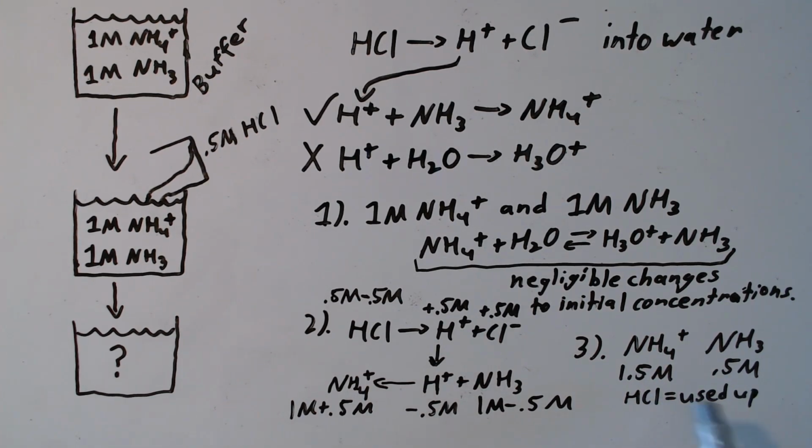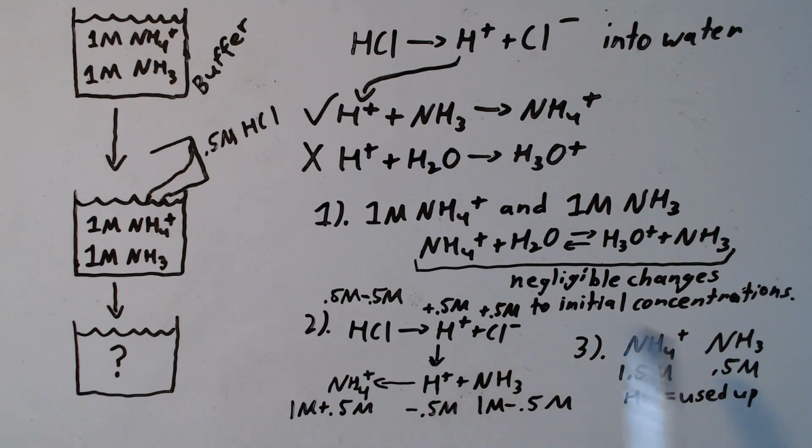And remember, the HCl got used up. All of it dissociated, and all of these H pluses went to the NH3, got taken in, and produced more of this NH4 plus. And that's how this buffer acted. It prevented a significant change in the pH by taking up the H pluses added by the strong acid, making more of that weak acid, which is very bad at releasing these H plus ions, and therefore the pH doesn't change by much.